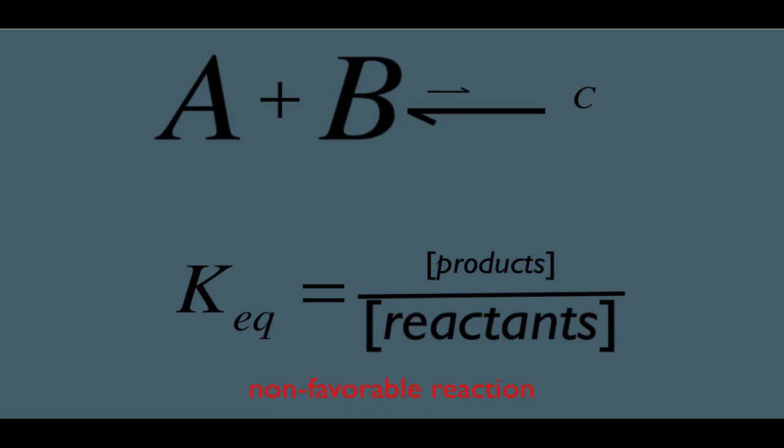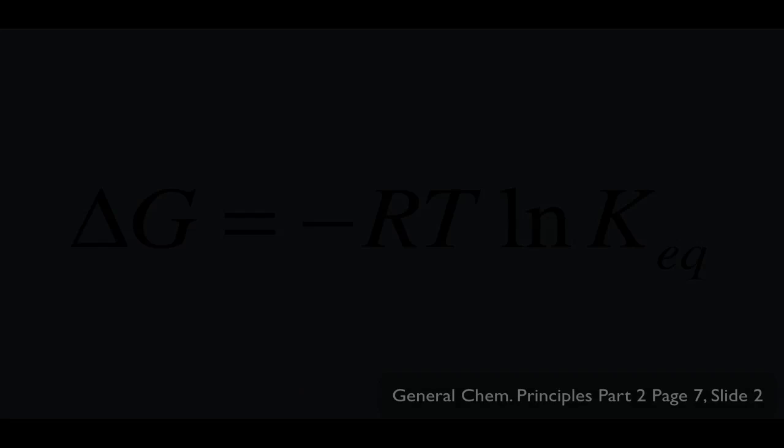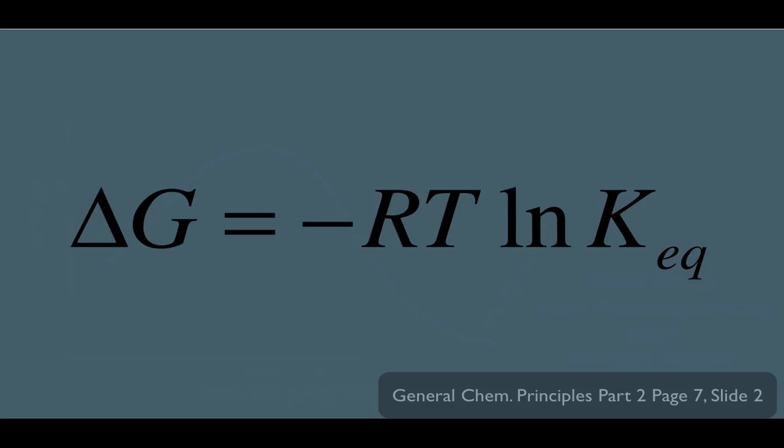That's why this next equation here is so important. Notice on the left-hand side you have delta G, and on the right-hand side you have KEQ. This equation is so groundbreaking because it connects delta G, which is a thermodynamic topic, to KEQ, which is a reaction equilibrium topic. So we're bringing two worlds into one.